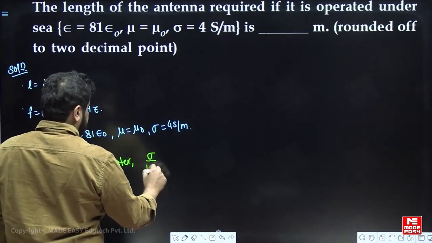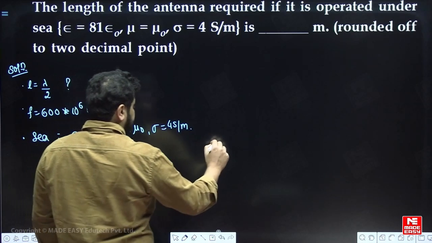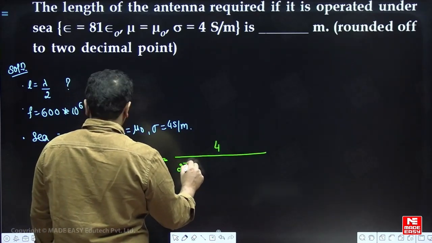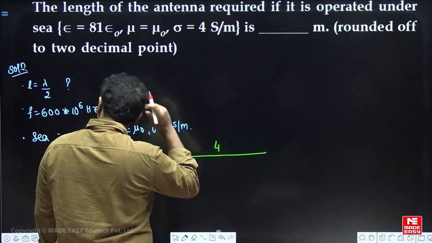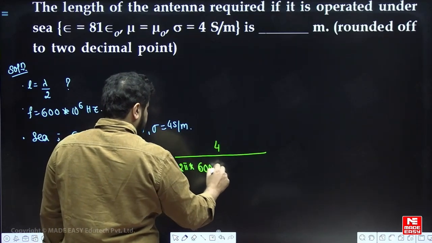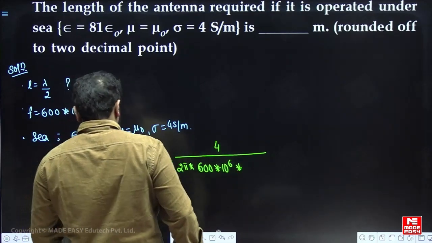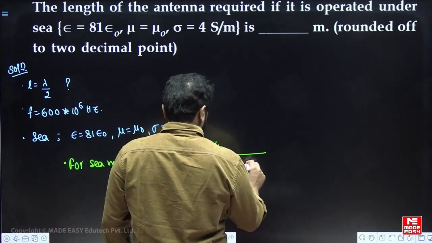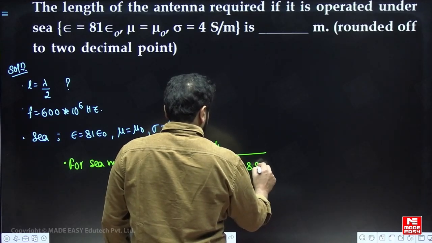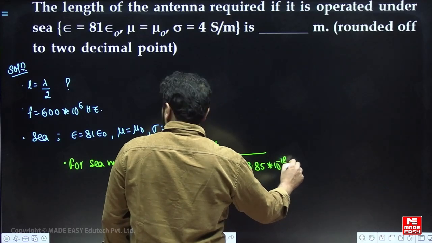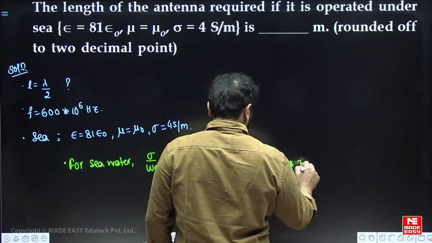sigma upon omega epsilon, this is how much? Sigma is given as 4 upon omega, 2 pi, operating frequency is 600 megahertz. So this is 600 into 10 to the power 6, right? Omega epsilon naught, so this is 8.85 into 10 to the power minus 12 into epsilon r, which is 81.